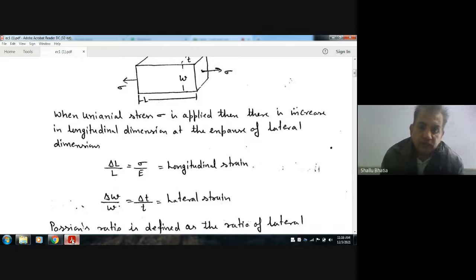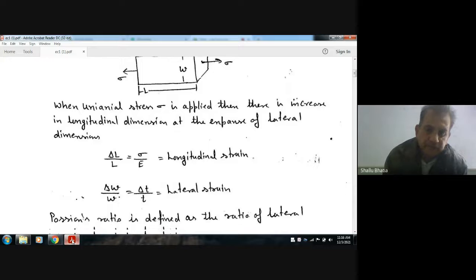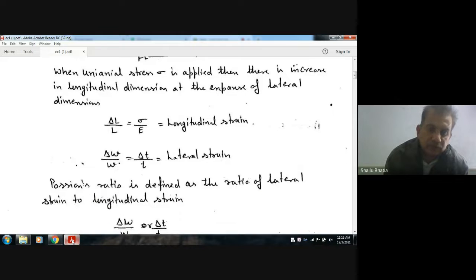The lateral strain is defined as the strain in another direction due to the stress applied in one particular direction.